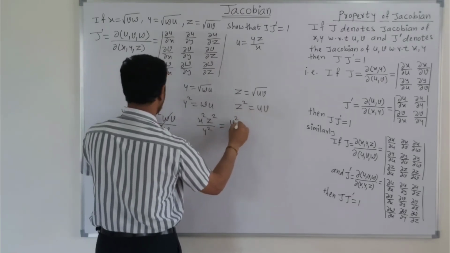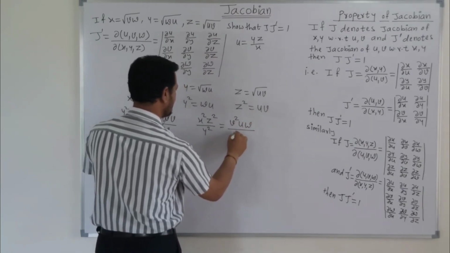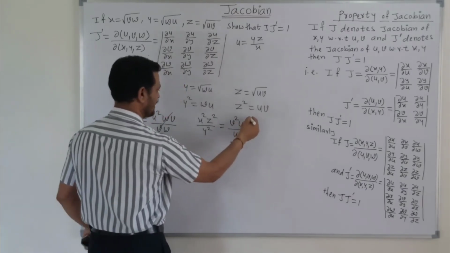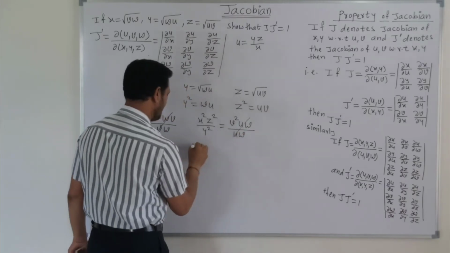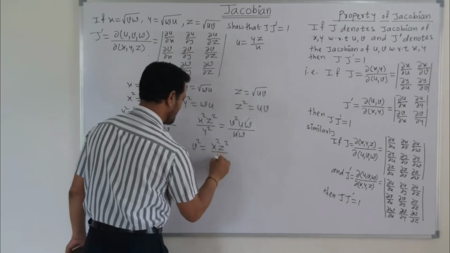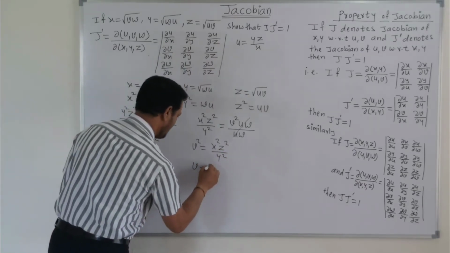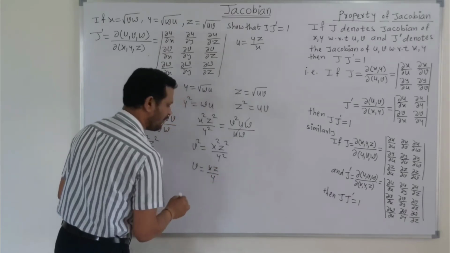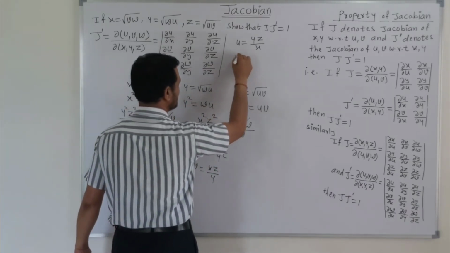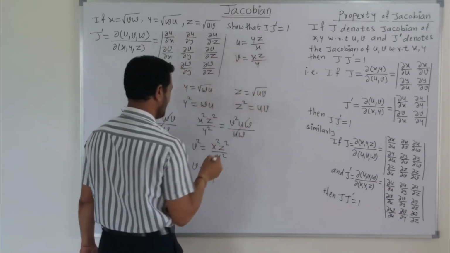So we can write this as v square, then uw divided by uw. So these two terms will get cancelled and we get v square is equal to x square z square upon y square. That means we get the value of v as xz upon y. For simplicity purpose, I will write here v is equal to xz upon y.